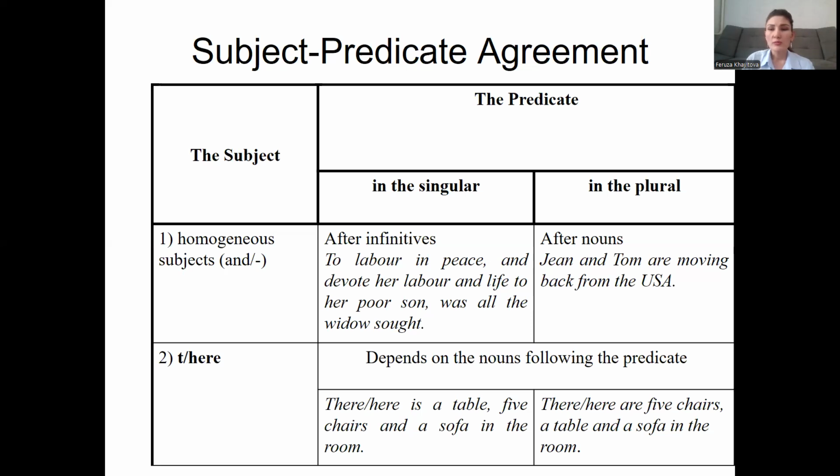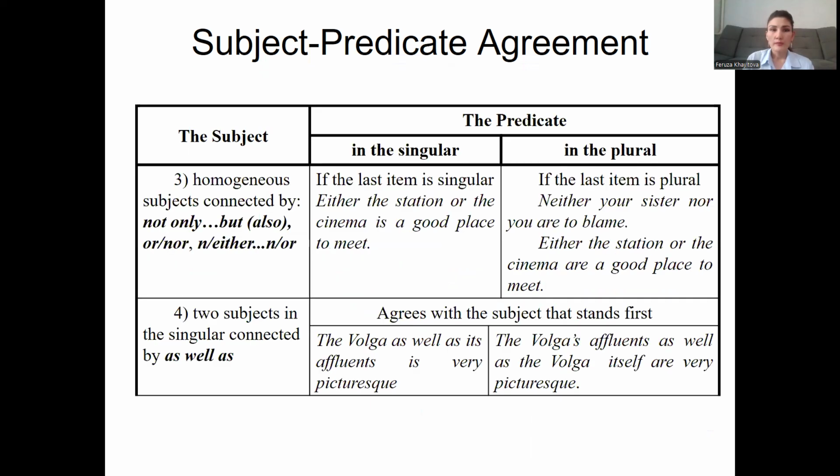After nouns in the plural: Jean and Tom are moving back from the USA. There or here depends on the nouns following the predicate. There is a table, or here is a table, five chairs and a sofa in the room. There are, or here are, five chairs, a table and a sofa in the room.